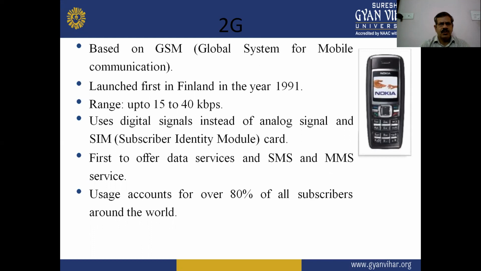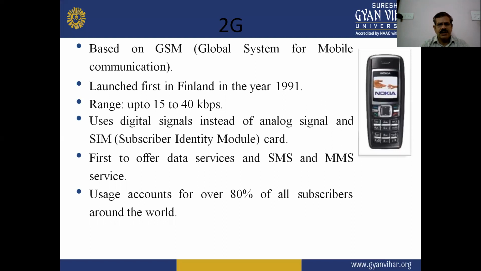Next is the 2G technology of wireless system. 2G is based on GSM, Global System for Mobile Communication, launched first in Finland in the year 1991, with a range up to 15 to 40 kilobit per second.